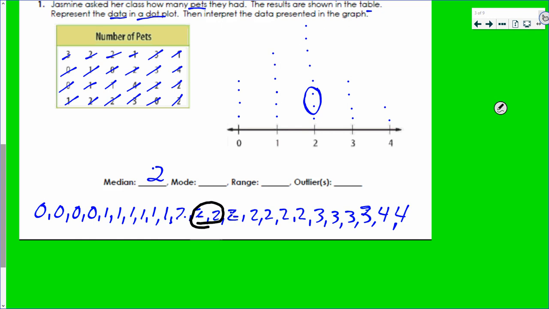That's my 12th and 13th data point. So I just count from the very beginning. I go 1, 2, 3, 4, 5, 6, 7, 8, 9, 10, 11, 12, and 13. Okay? Except with a dot plot, it's really nice because it's all right there. When I find that 12 and 13 point, I know that they had a value of 2. Does that make sense? Everybody good on this?